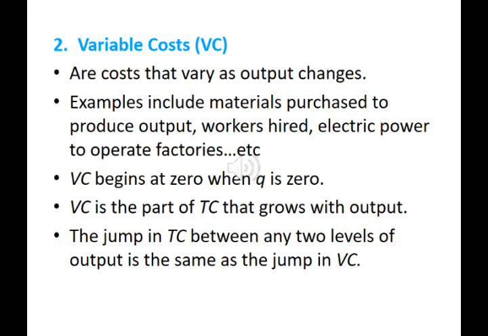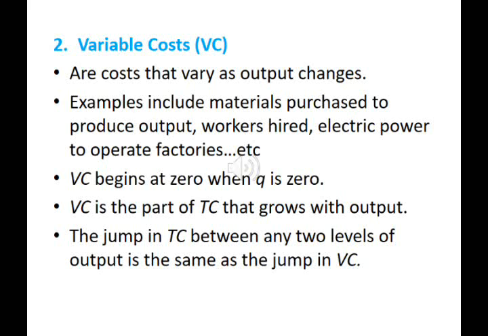But as Q increases, we will find that variable cost will increase as well. That's why variable cost is the part of the total cost that will be growing with output, because we agreed that total cost equals fixed cost plus variable cost.